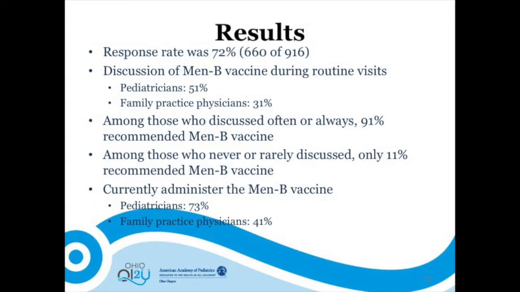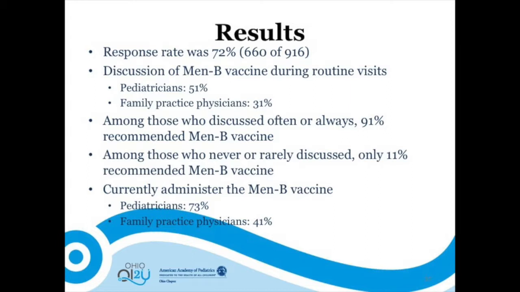Next slide, looking at the results, the response rate was 72%, so return of 660 out of 916 surveys. Regarding discussion of the meningococcal B vaccine during routine visits, 51% of pediatricians, only 31% of family practice physicians reported that they discussed it.